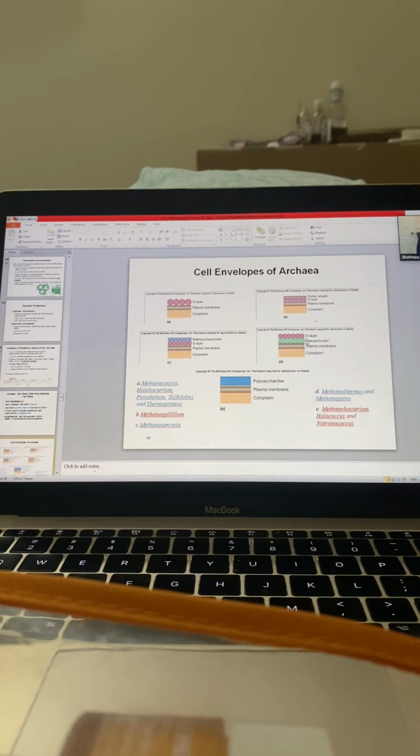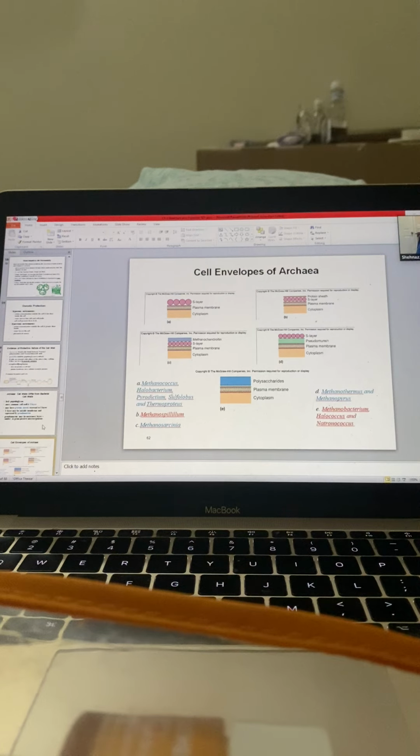So that is a substitute for murein, a different one. But again, it is not the true murein as you find in bacteria. And finally, there are some, such as Methanobacterium and Halococcus, that have just a plain polysaccharide layer as their cell wall.